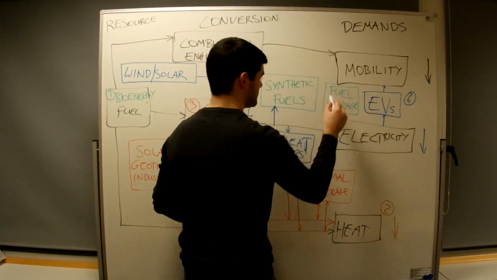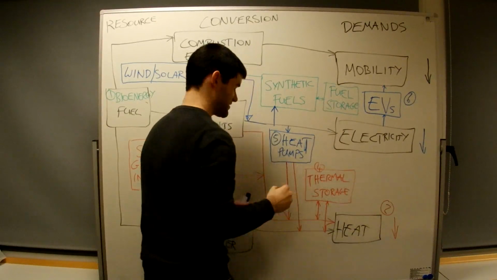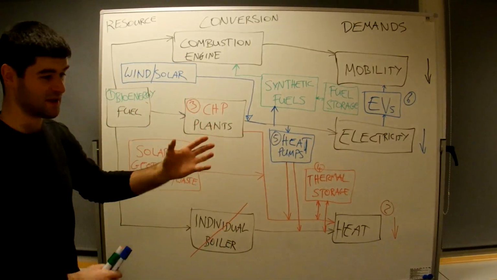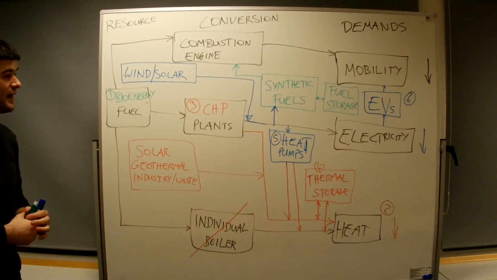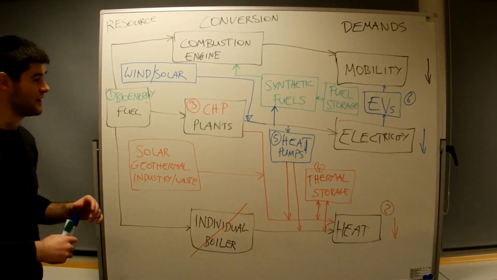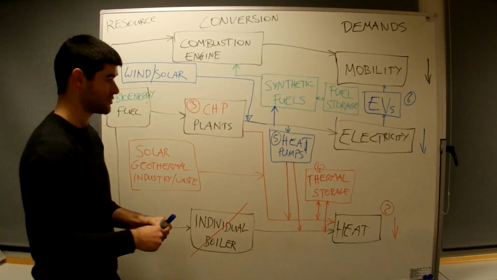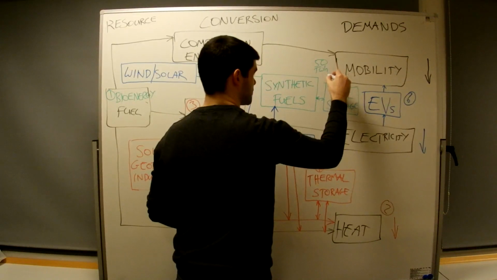And this is extremely important. I can now use fuel storage in my system. By fuel storage I mean, for example, today we see a lot of big containers that contain large amounts of oil, and these big containers contain a very large amount of energy. In Denmark, for example, there is 50 terawatt hours of oil storage.